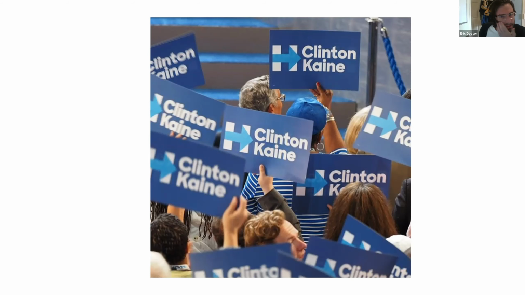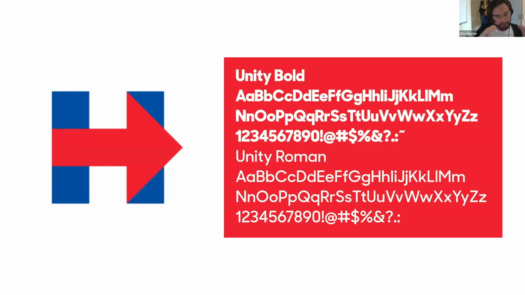But anyway, this also shows one strategy of picking a typeface, which is, if you do the logo first, you find a typeface to complement it. And so they have this typeface Unity Bold, which is actually Sharp Sans, a typeface by a Brooklyn-based type designer named Lucas Sharp. What they did was they took the dots and made them round instead of square.